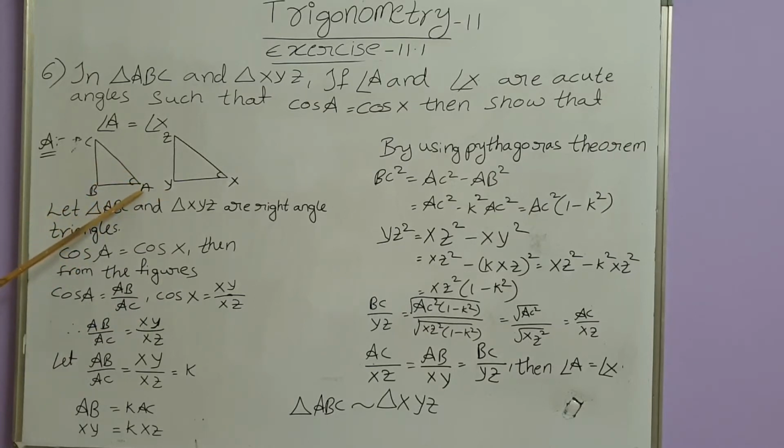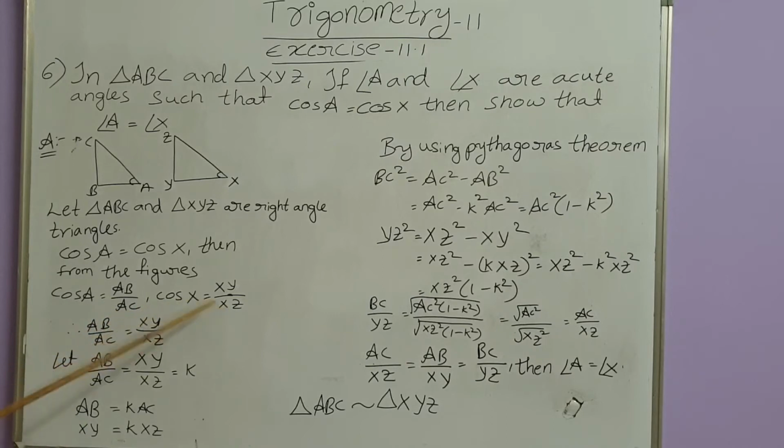Cos A is adjacent side of angle A by hypotenuse. And here cos X is adjacent side of angle X by hypotenuse. Here AB by AC, cos X is XY by XZ.